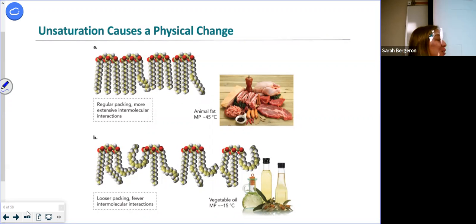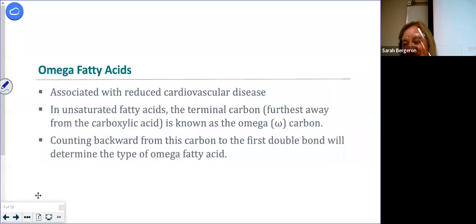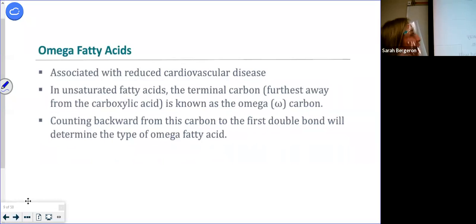Oh yeah, don't just go chow down on it. Yeah, that's exactly right. But there are some specific fatty acids that are linked to reduced cardiovascular disease. And these are our omega fatty acids. You've heard this, right? Fish, right? Everybody hears this, right? So what in the world does that mean, right?